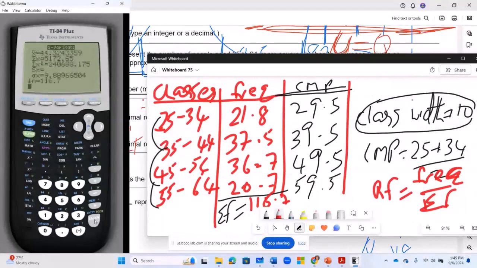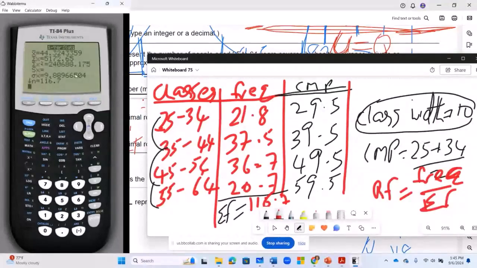Hit enter. And now I found the mean already because I used my calculator. See how quick it is to find the mean. I found the mean to be 44.32 to 2 decimal places.